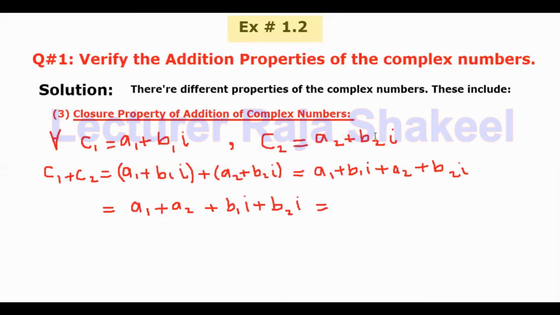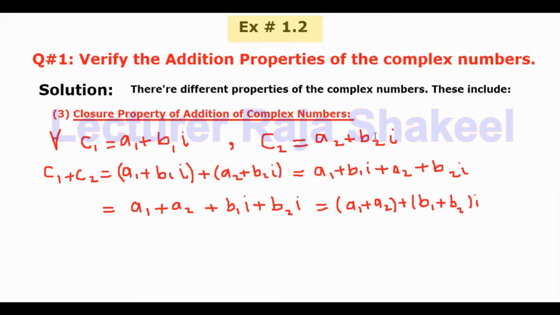Now A1 plus A2, and B1 iota plus B2 iota, since they have iota common, can be written as B1 plus B2 into iota, because iota has been taken common in both of these. So this is the situation.